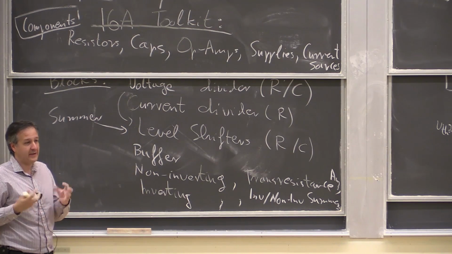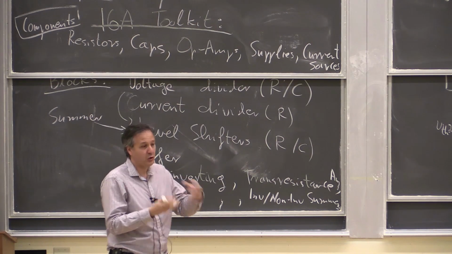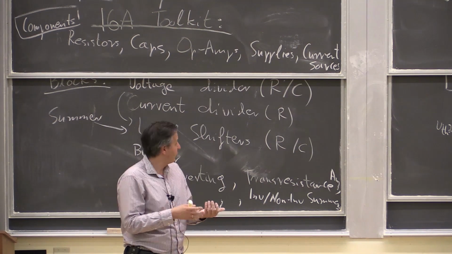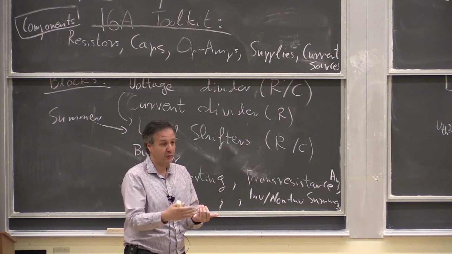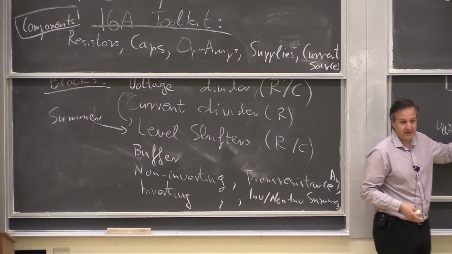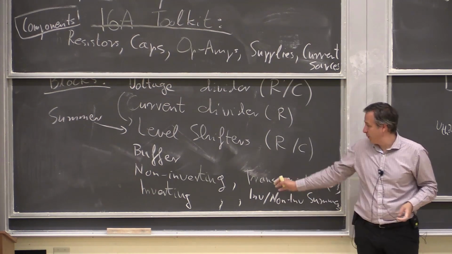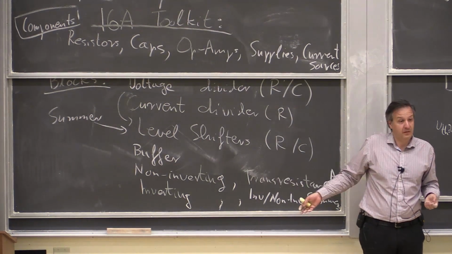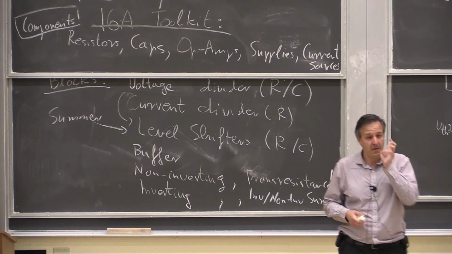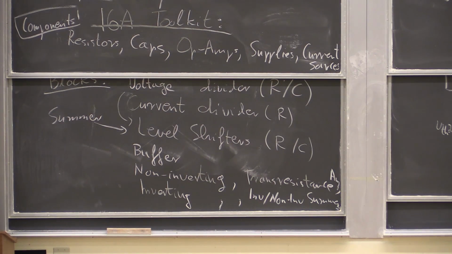You don't need to know yet exactly the components and values, but you just need to know the function of the block. And then later you're going to see whether you need any isolation between these blocks to prevent things like this, right? For example, here we use the buffer, because some of these blocks need isolation, some don't.